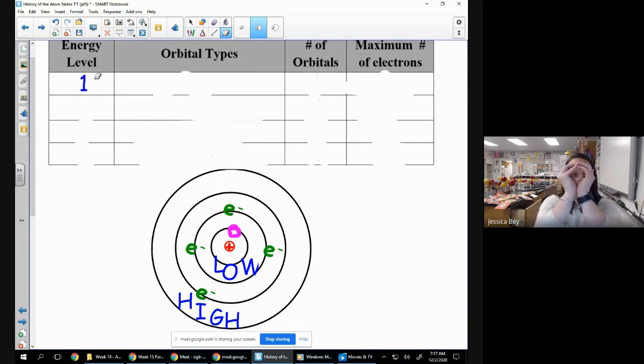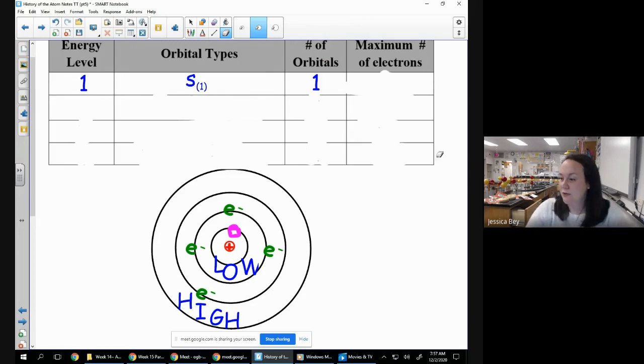And in energy level 1, there's only one type of orbital. The only type of orbital you have there is an S. And remember, that only came with one kind of species. So if you could look closer to the nucleus, there would be an S-shaped orbital around it.